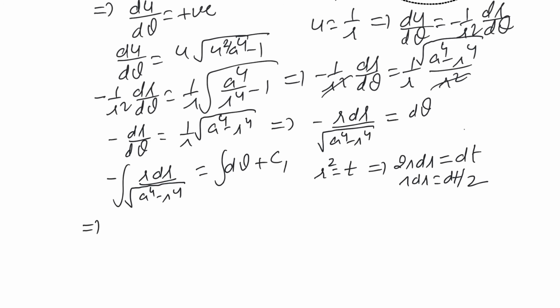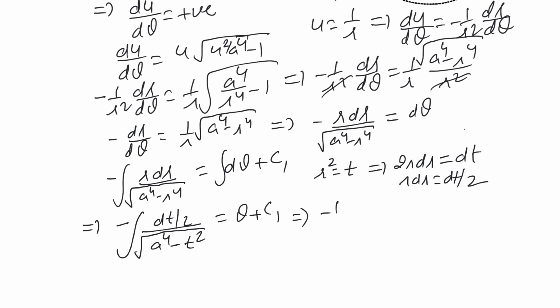So this implies that minus 1 by 2 integration of dt by square root of a square squared minus t square is equal to theta plus c1.